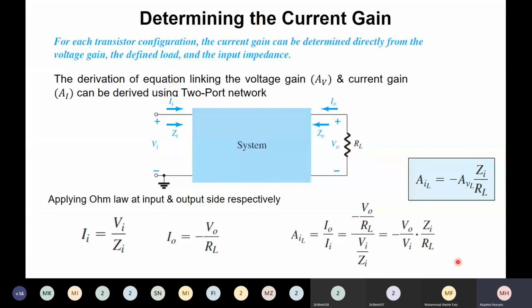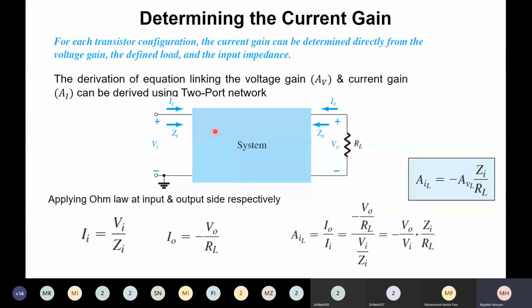You can see in this slide that we have considered a two-port network. You see that in this box all of your configuration of the transistor and its resistances are enclosed, and you have to determine three quantities of this system.